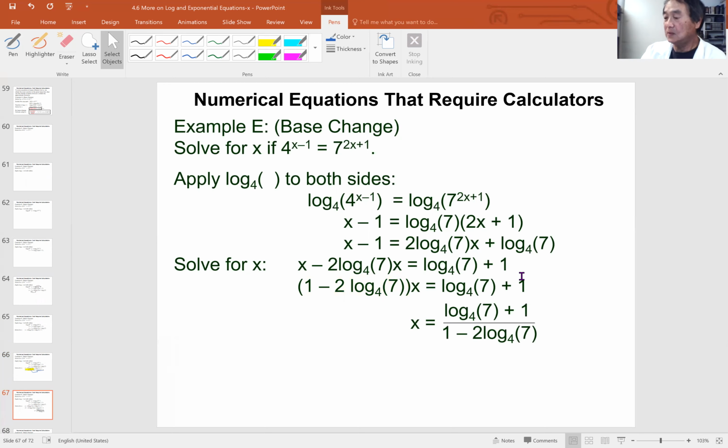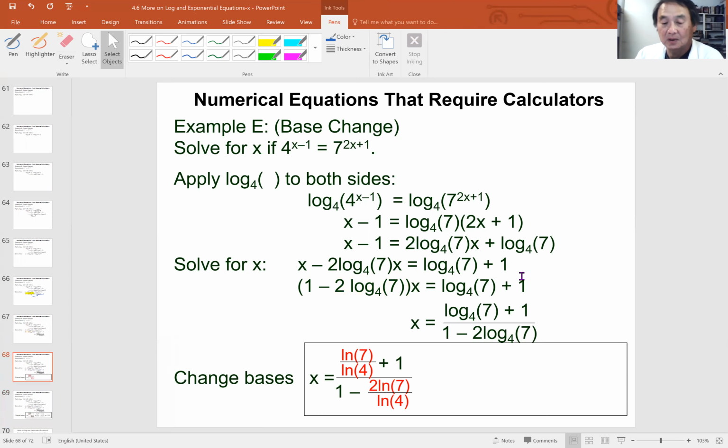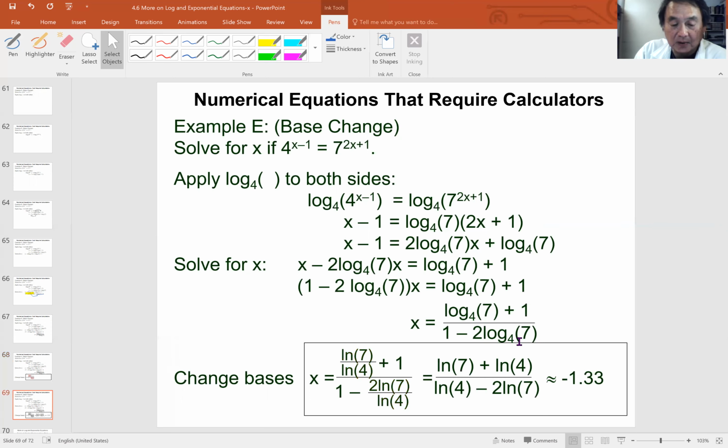Then you look at the calculator, oh wait a minute, I don't have log base 4. Well, you have the change of base formula: log base 4 of 7 is ln 7 divided by ln 4, and then we can figure out what this is using the calculator. So this is one way to do it. Or else you can apply ln directly and solve for x.